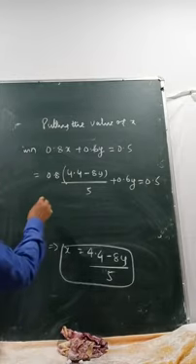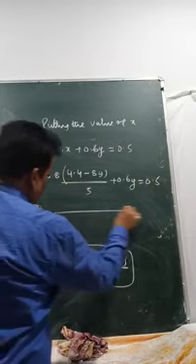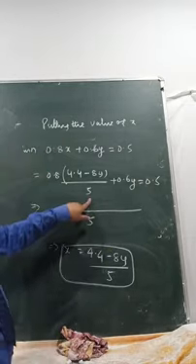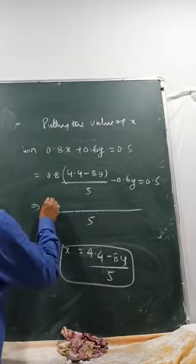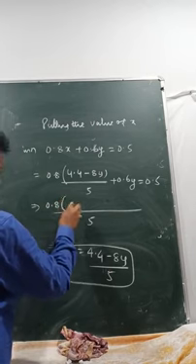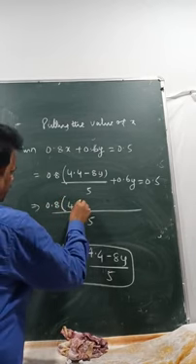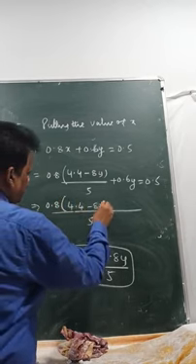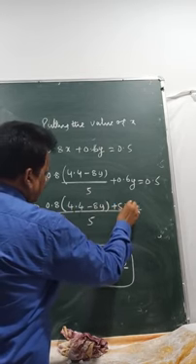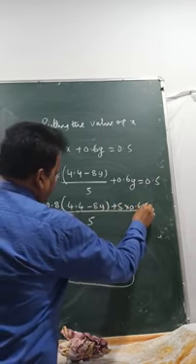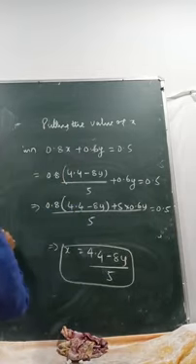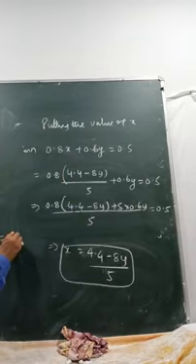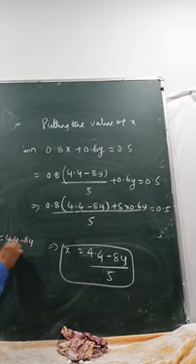Now take LCM. LCM is 5. Okay, this 5 will be multiplied here. 0.8 into (4.4 minus 8y) plus 5 into 0.6y equals to 5 into 0.5.